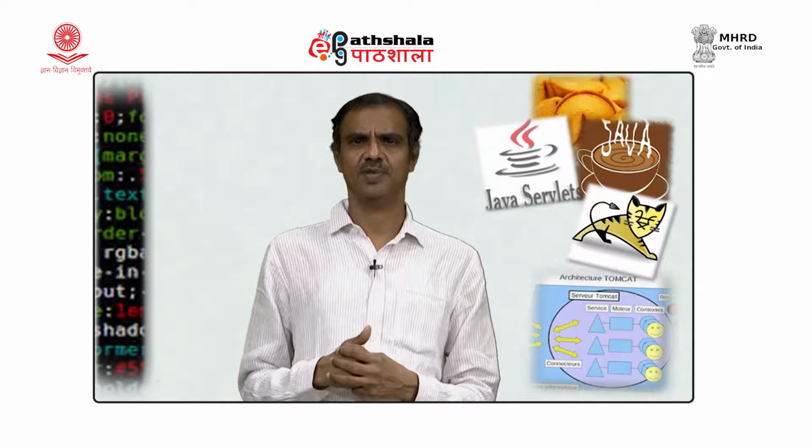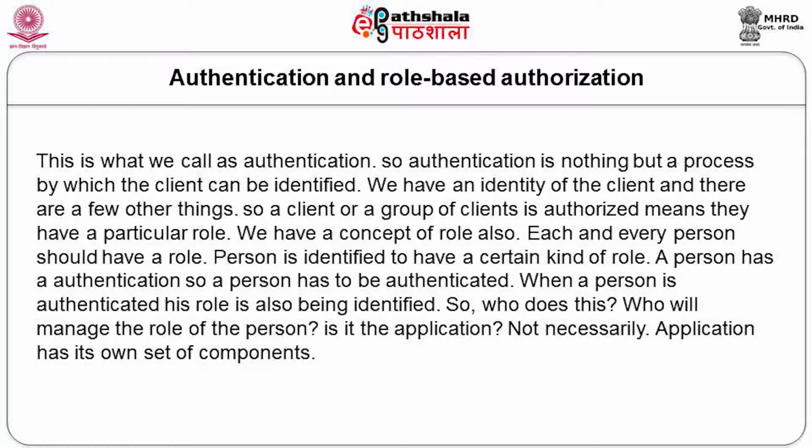When I say unauthorized persons, that would mean there has to be some mechanism where a person can be identified, and that is what we call authentication. Authentication is nothing but a process by which the client can be identified. We have an identity for a client.